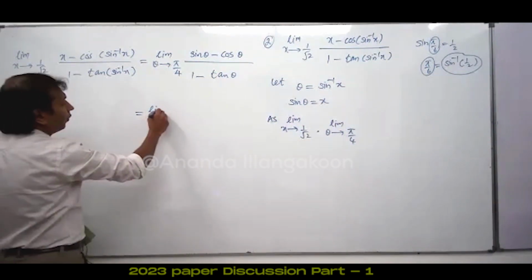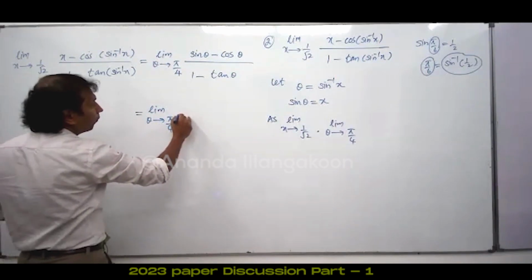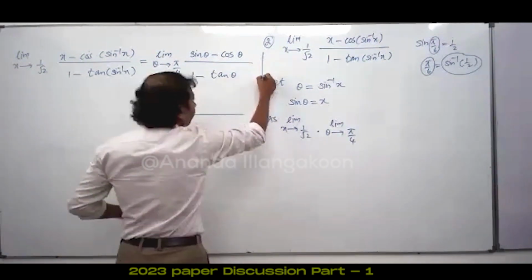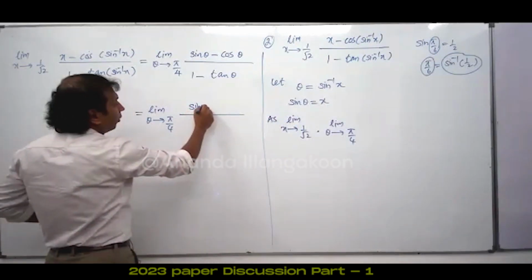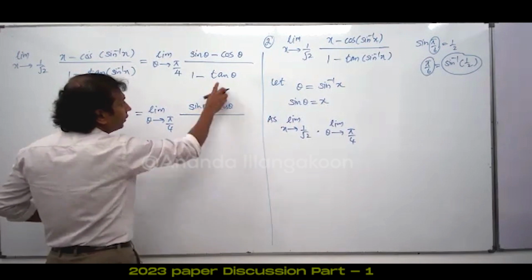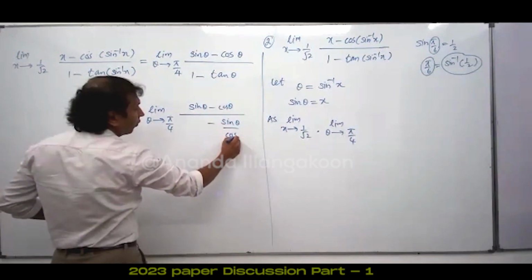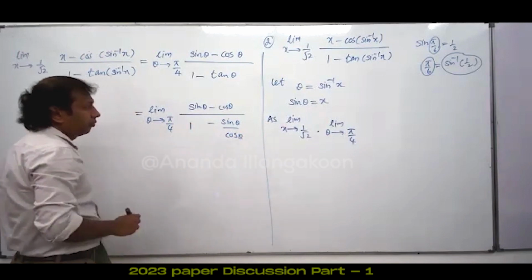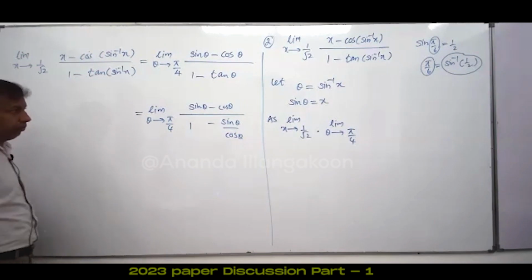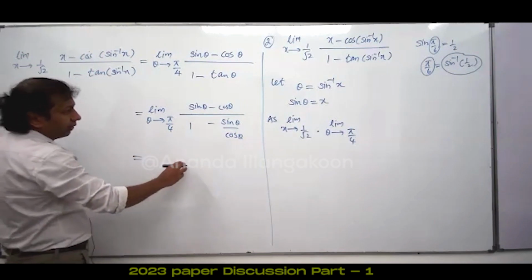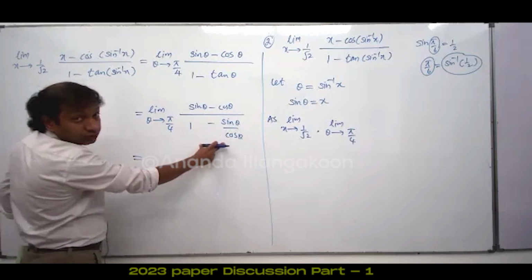Now we can write the next part like this. Sine theta minus cos theta. This tan theta I can write as sine theta by cos theta, and here 1. Now I simplify it like this. We take this cos theta as the common denominator for this denominator.